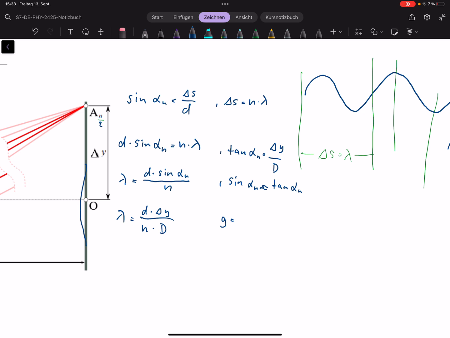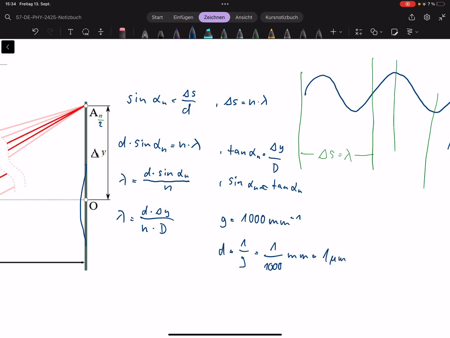So here this constant is, for example, telling us that there are 1000 slits per millimeter. That means if we want to find out the distance between these, we have to take the reciprocal value, or the inverse, which is then 1 over 1000 millimeters, and that is 1 micrometer.